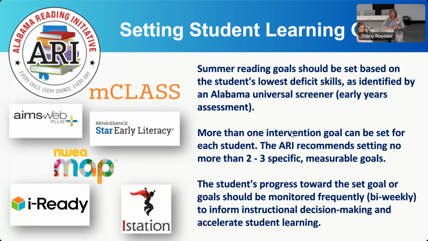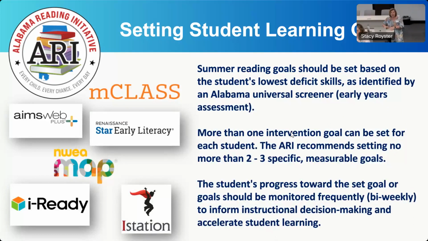You have one of those 6 assessments that you use right now for your early years assessments. You're going to take your early years assessment data from the end of the school year. You're going to look at those specific subtests that you provide your students, and you're just going to choose 2 to 3 measurable goals.